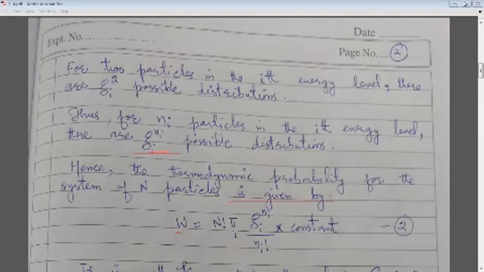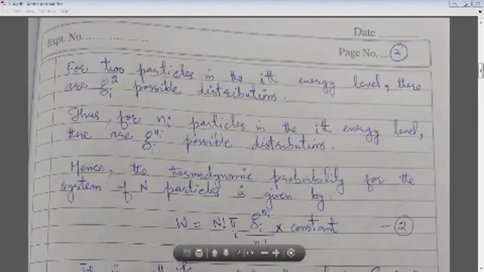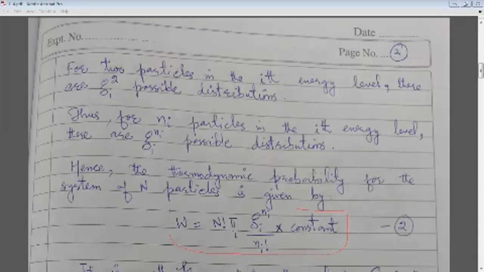We have to introduce the degeneracy term also: gi superscript ni upon ni factorial. This is a very important relation you have to remember for thermodynamic probability involving degeneracy.